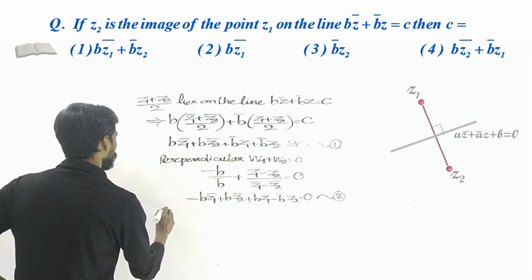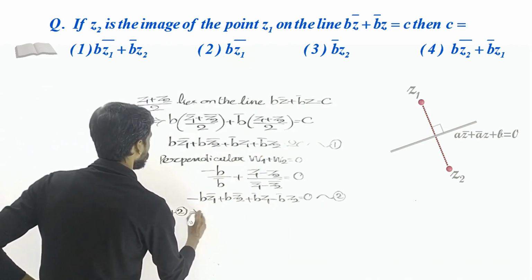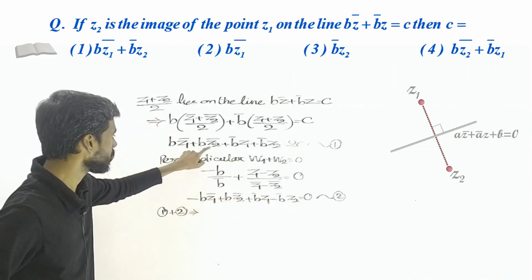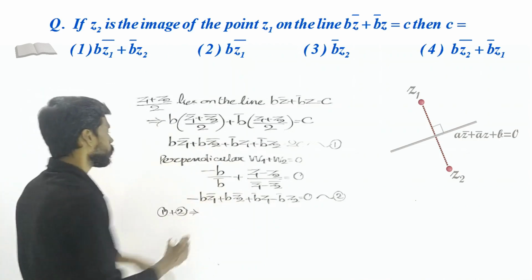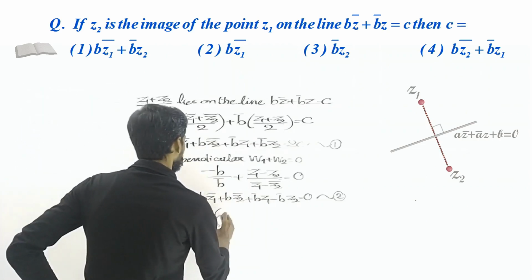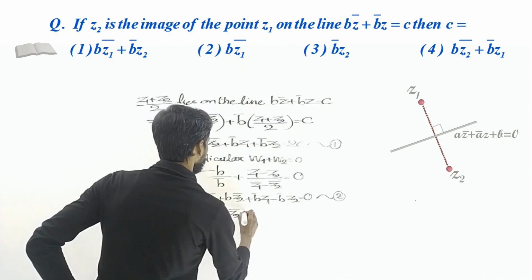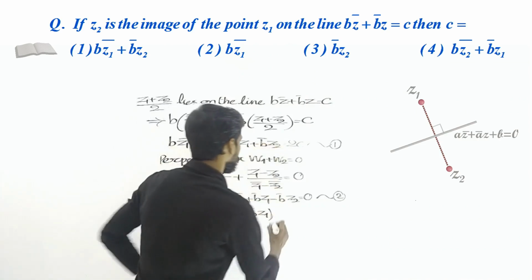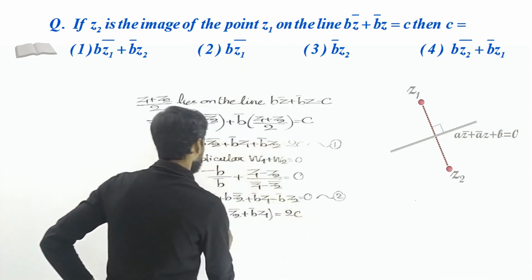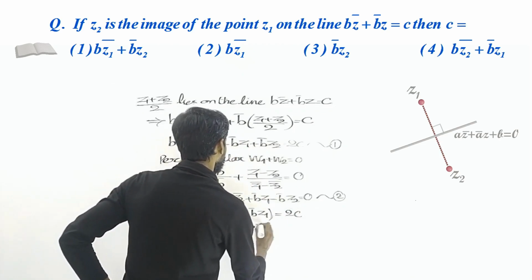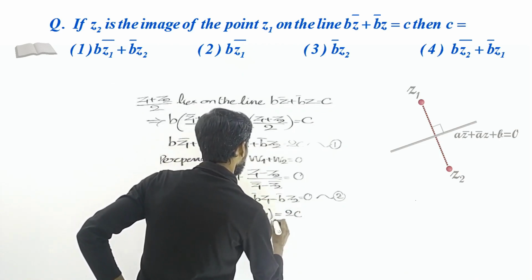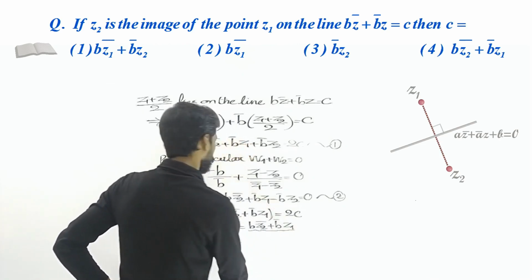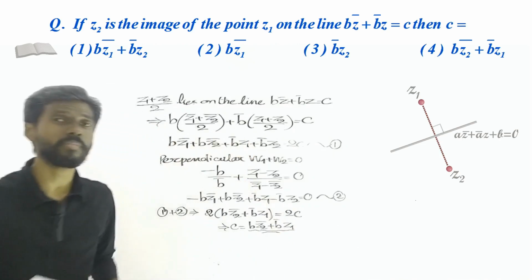So adding 1 plus 2, these two terms are added, giving 2 times b z2 bar plus 2 times b bar z1. On the other side, 2c plus 0, so that is 2c. This gives the value of c, which is b z2 bar plus b bar z1, since the 2 gets cancelled. So that is the value of c, right?